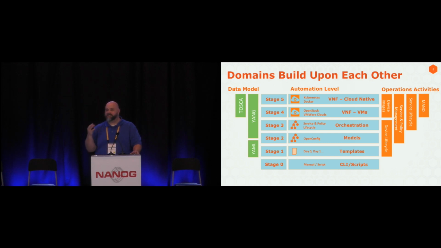Many companies, especially smaller companies that have smaller budgets, are in stage 0, where you're doing some scripting and CLI management. And you have vendors coming in trying to sell you on jumping straight up to stage 2, stage 3. As a result, you're going to have to implement stages 1, 2, 3, and 4 all at the same time if they're wanting to jump you that high, in order to get meaningful return on your investment.